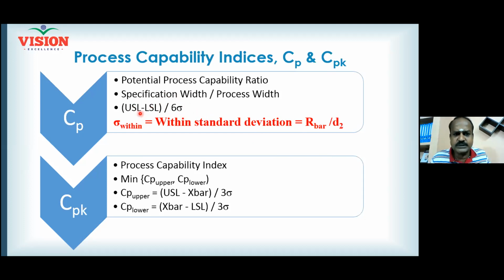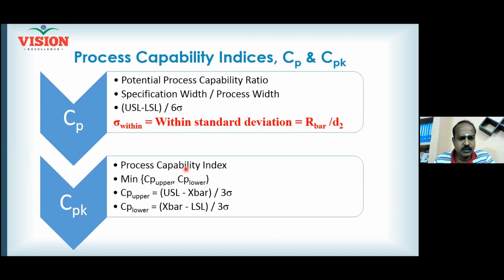So (USL minus LSL) divided by 6 times sigma will give you your Cp. Most of the time when you calculate Cp in your company, you might use the formula R bar by d2. It is nothing but your within-batch variation, so it is given the symbol sigma within.